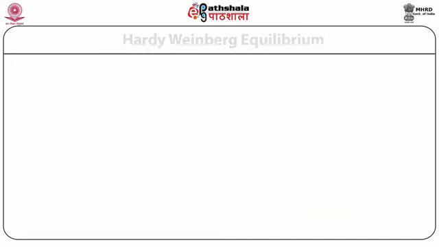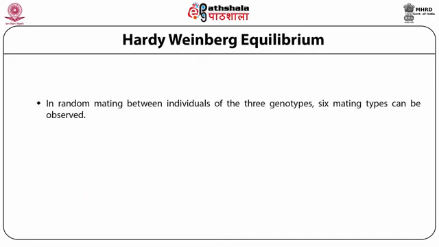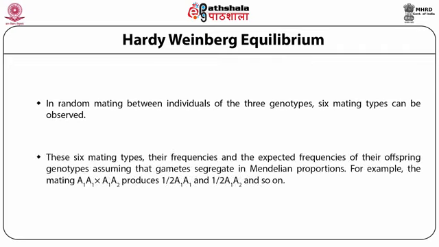A1A2. In random mating between individuals of 3 genotypes, 6 mating types can be observed. These 6 mating types, their frequencies, and the expected frequencies of their offspring genotypes assume that gametes segregate in Mendelian proportions.